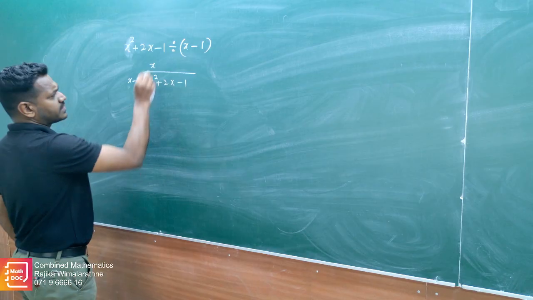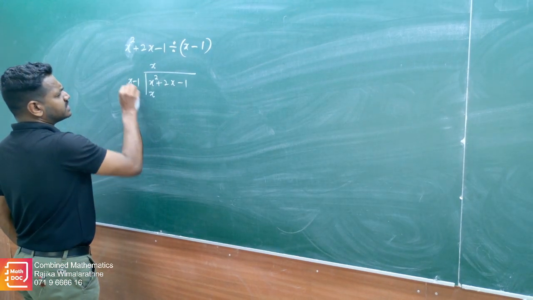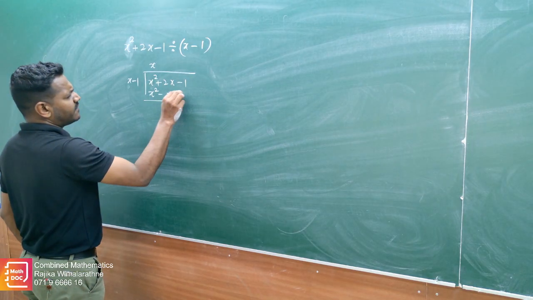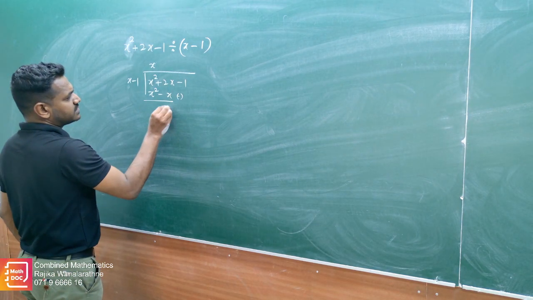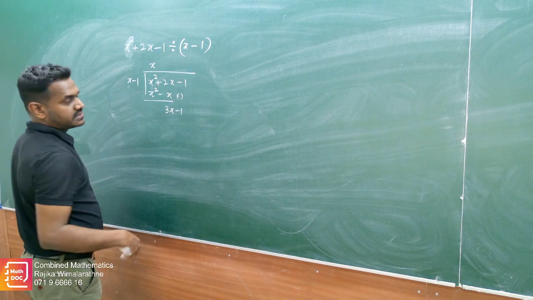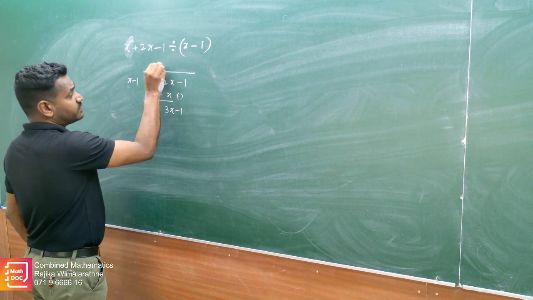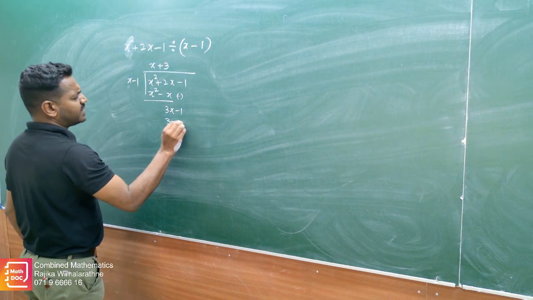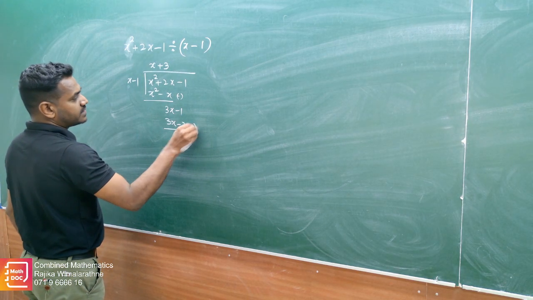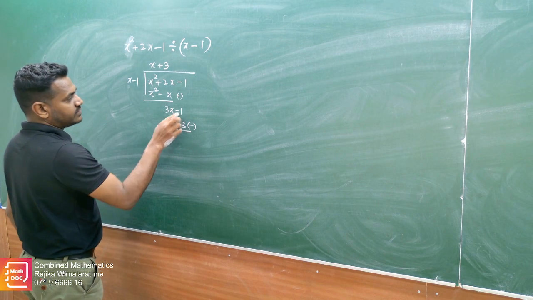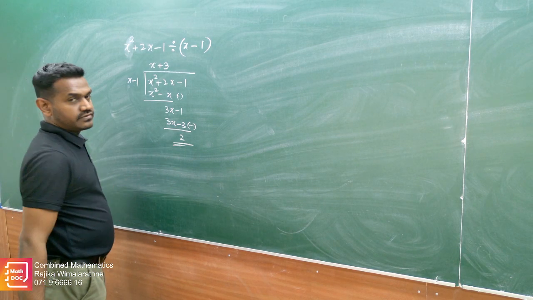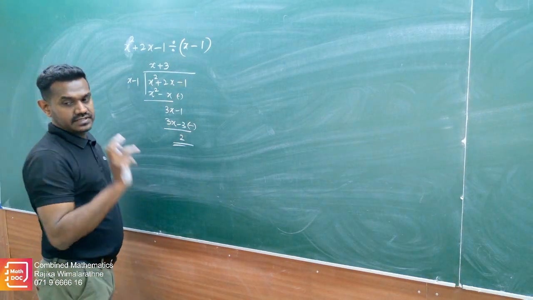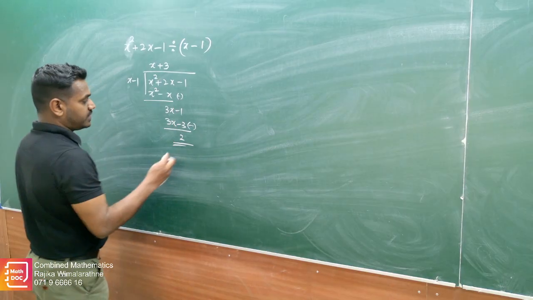Then multiply again, x squared minus x. Then subtract, cancel, 3x minus 1. Then to obtain 3x, you put plus 3 here. Then multiply, 3x minus 3. Then subtract, 3 cancels. Here plus 2. Now the division is done, because here the power is 1 and here the power is 0. This is long division.